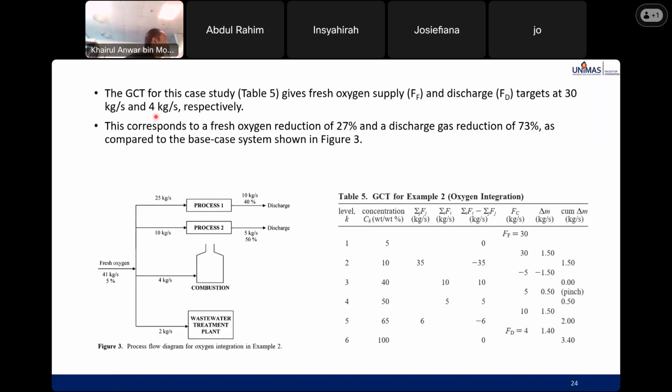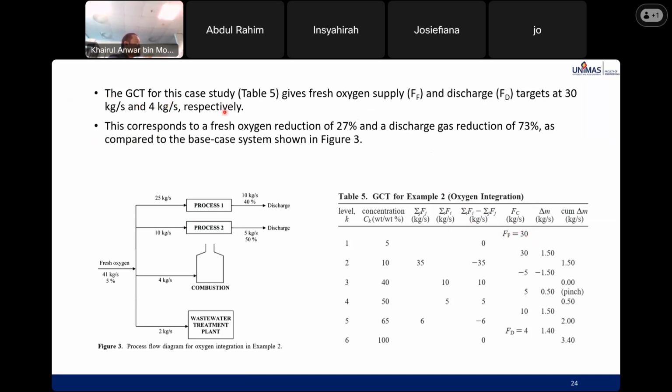The gas cascade table for this case study, table 5, this is for oxygen integration. They didn't show you how they get the value 30 kilograms per second here. That one you need to do the infeasible starting from FC equal to 0.